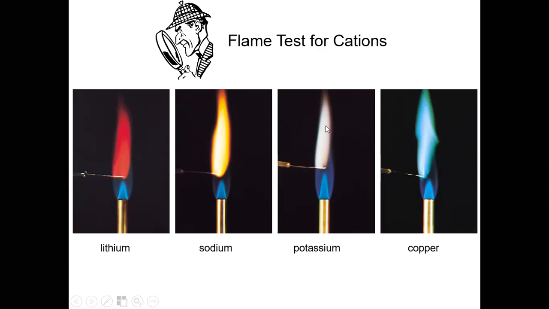Due to image distortion, we don't see the color clearly here, but when we carry out this experiment in our laboratory, you will get very clear and distinctive colors. And when the compound contains copper, the flame color will suddenly change into a very nice green color. However, this green color is not much visible here, due to the image distortion.